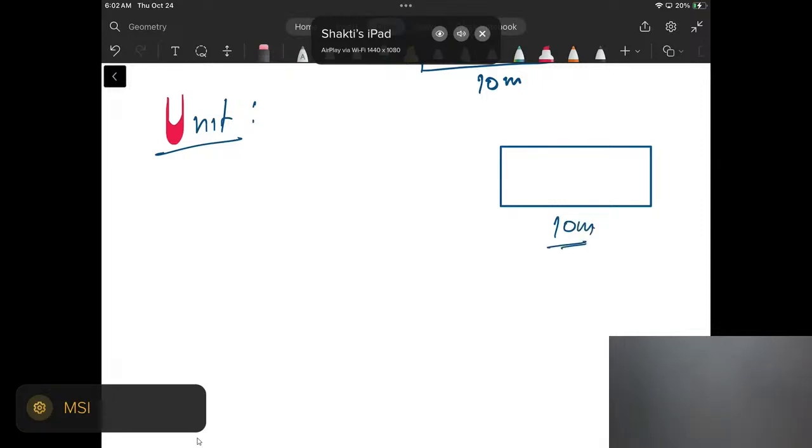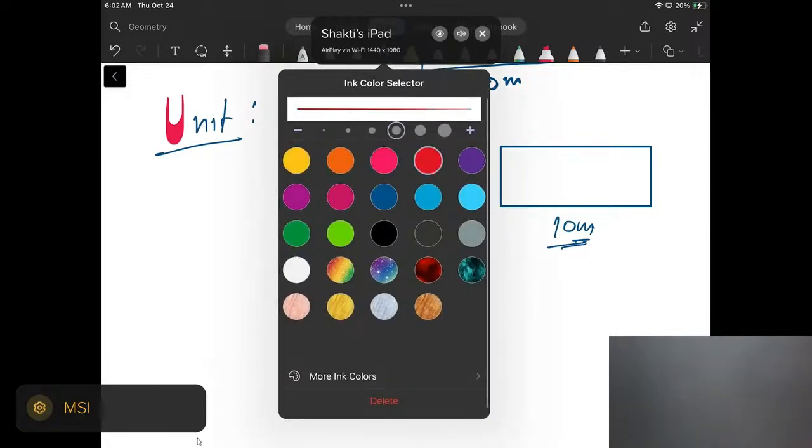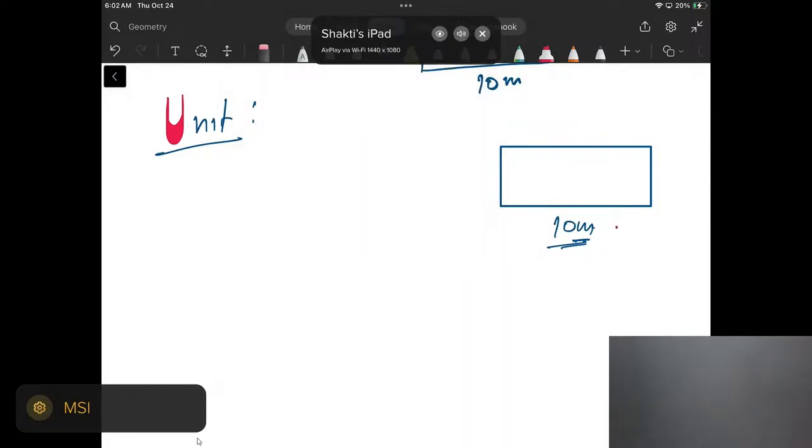This unit is very important when you are writing your answers. You have to specify it. Without it, if I just write 10, what is this 10? It just denotes the magnitude, not the length. So whenever you write, you should also write its unit.